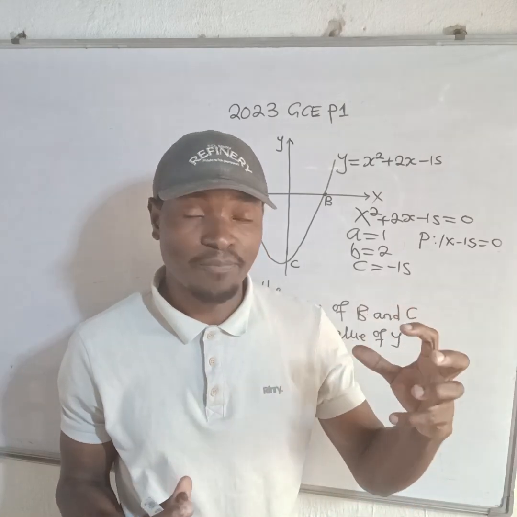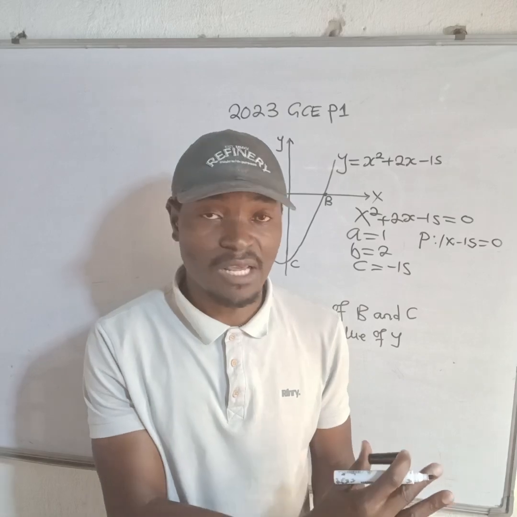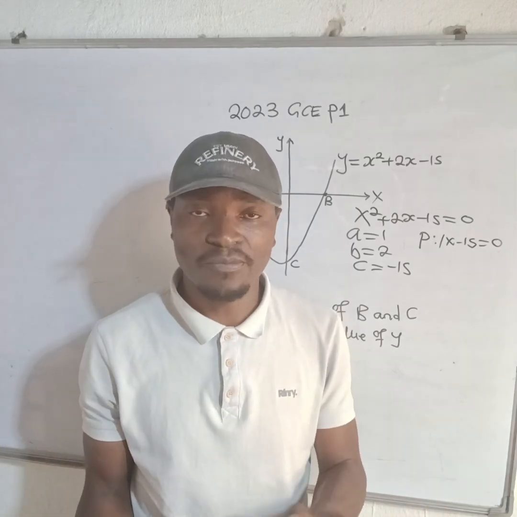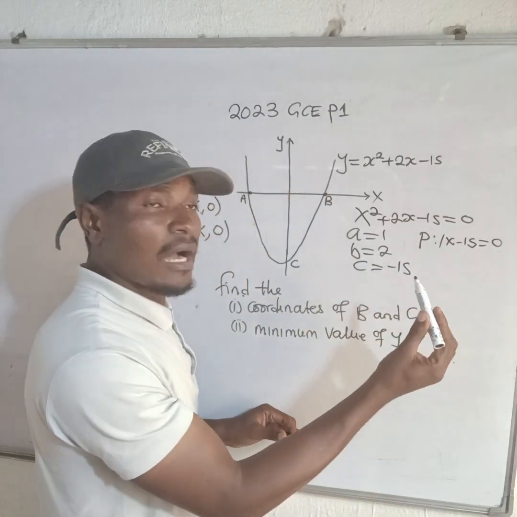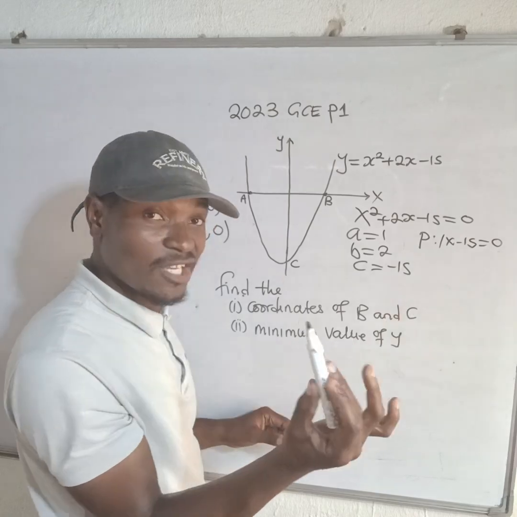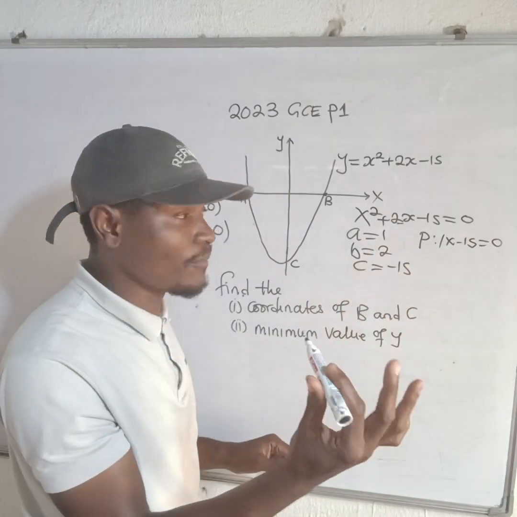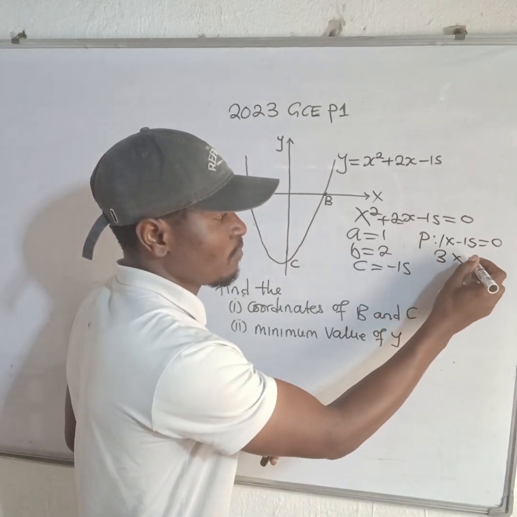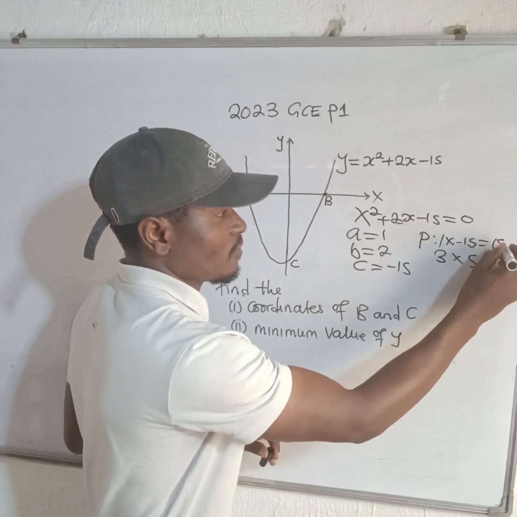This could be negative 3 times 5 or negative 5 times positive 3. Either way we get negative 15, but when we add them, they must give us positive 2.